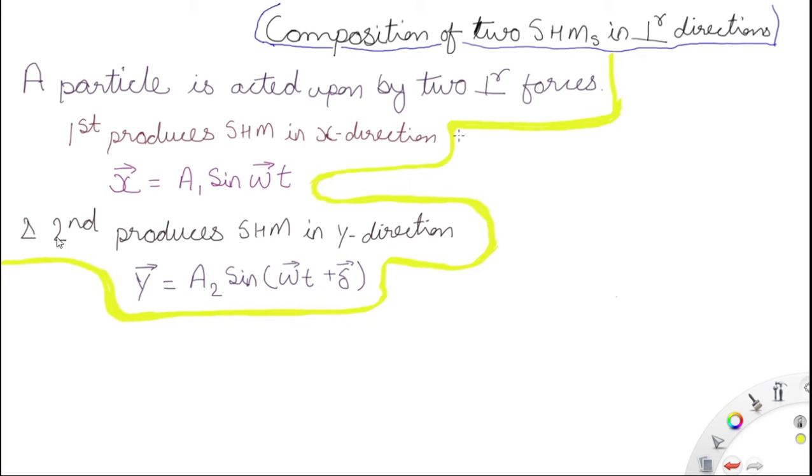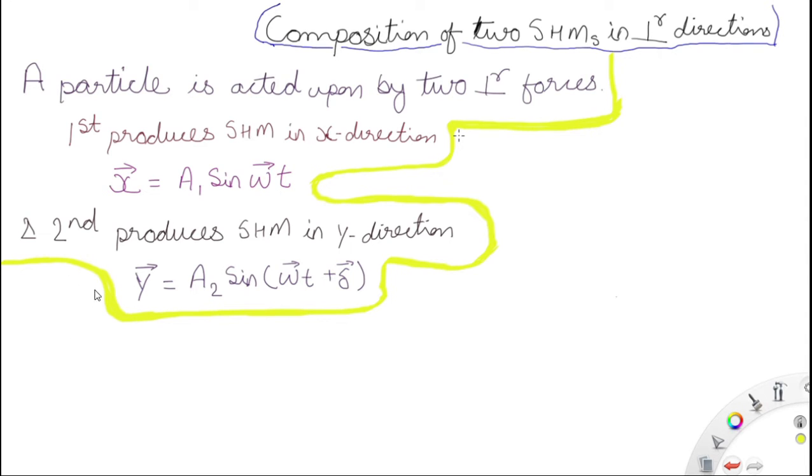Now the second, Fy, is producing simple harmonic motion in the y direction. So the y coordinate means the distance of the particle from the origin or center in the y direction, because in the y direction Fy is acting. In the x direction Fx was acting and giving displacement x. Now in the y direction Fy is acting and giving displacement y.